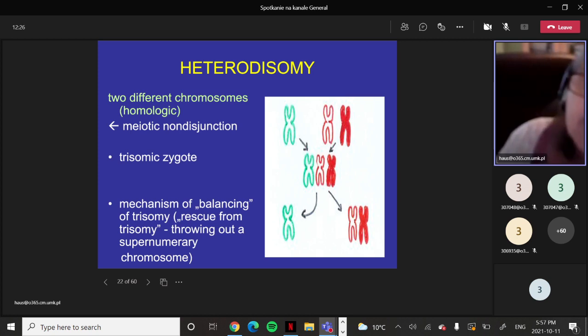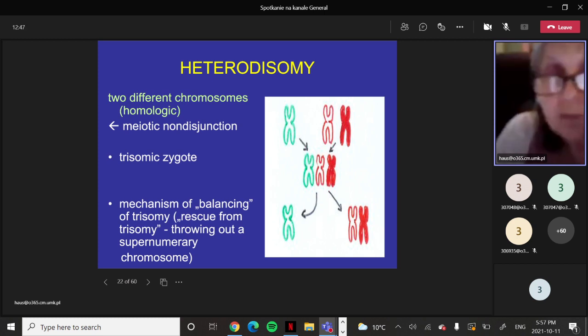They have the same parental imprinting, and they are not identical, they are homologous chromosomes.